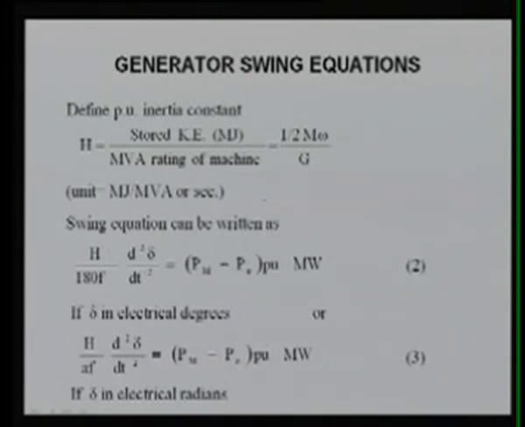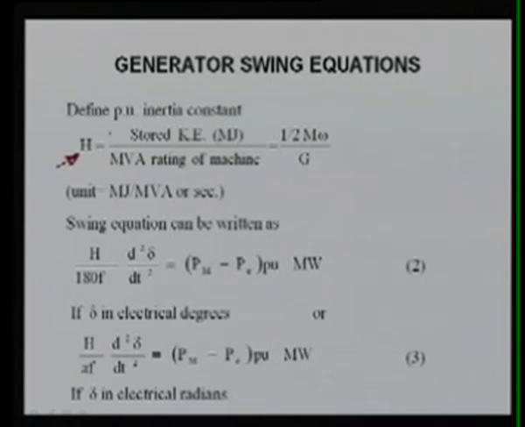Now let us again use H and see how we get the information of this H. Let us define the per unit inertia constant H, which is the stored kinetic energy in megajoules divided by the MVA rating of the machine.